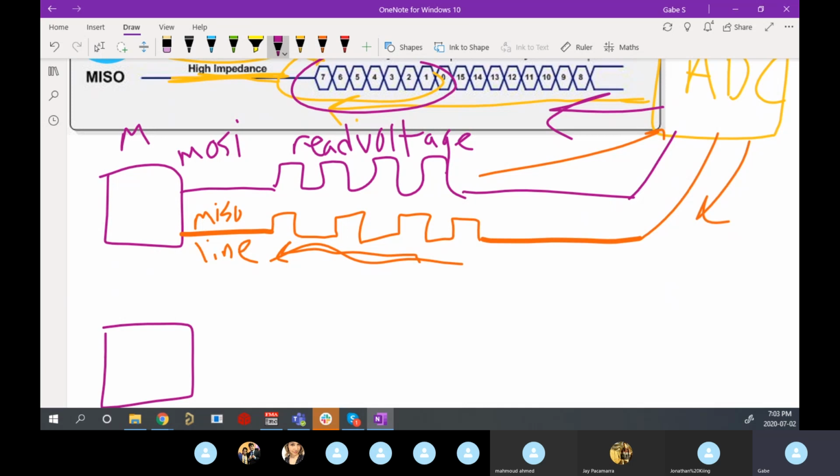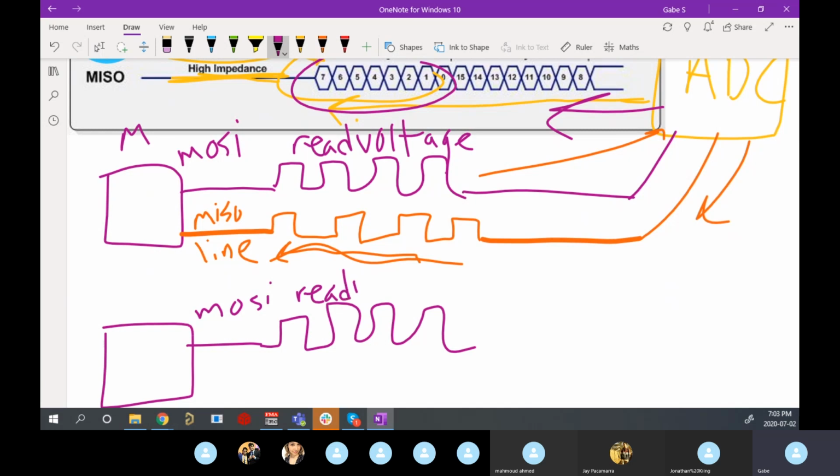So maybe 5 milliseconds later, MOSI maybe it just says the same thing. I want to keep reading voltages. That's good. Keep giving it to me. Now the ADC knows it wants to read voltages from before.